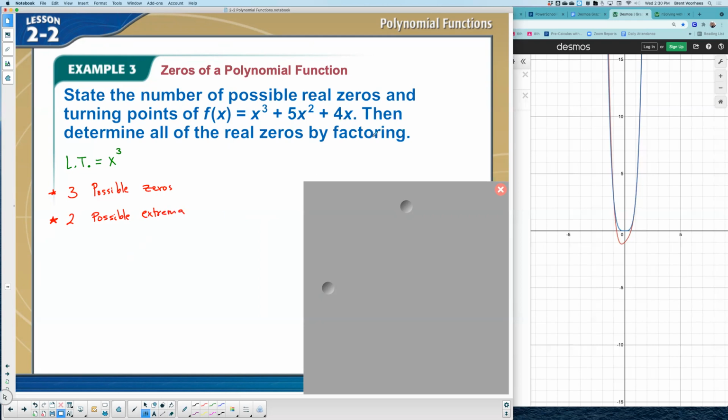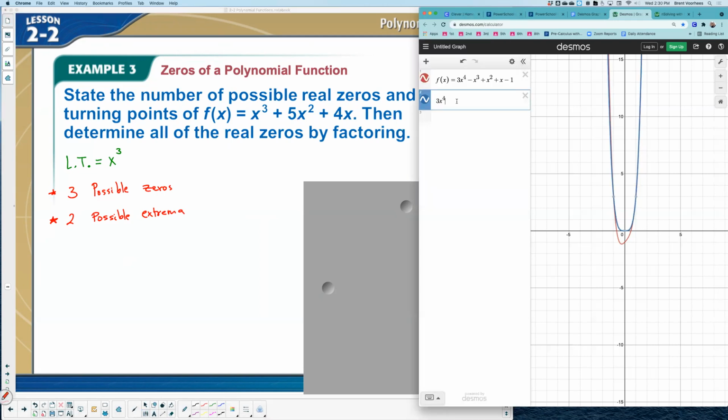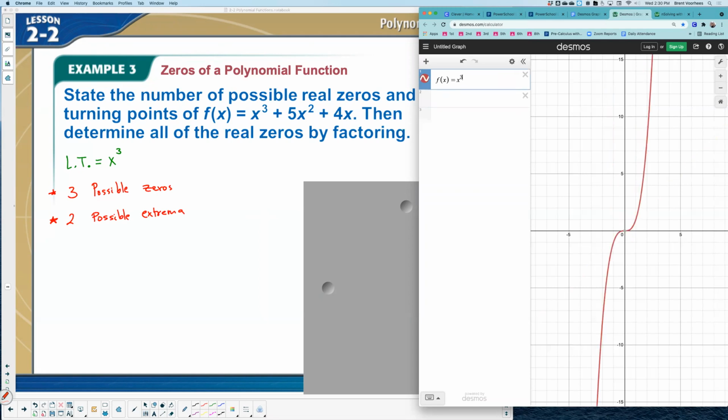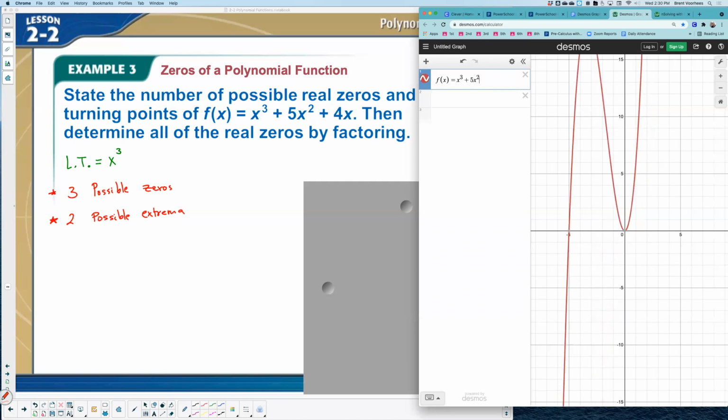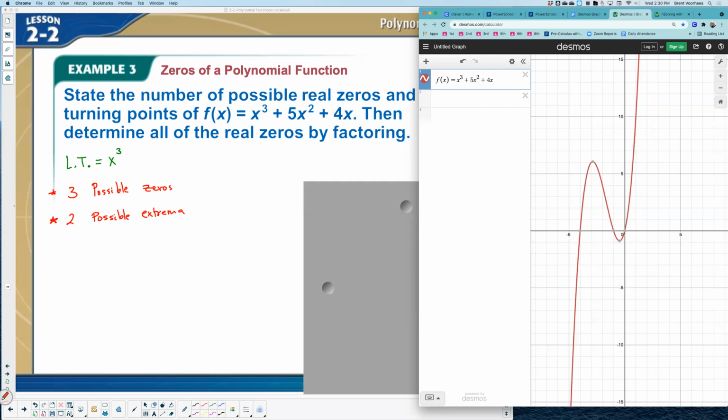Now it says, then determine all the real zeros by factoring. I'm not going to do that. I'd rather spend the time later. So I'm just going to graph it, and we will establish where the real ones are. Plus 5x squared plus 4x. The real zeros occur at -4, -1, and 0.